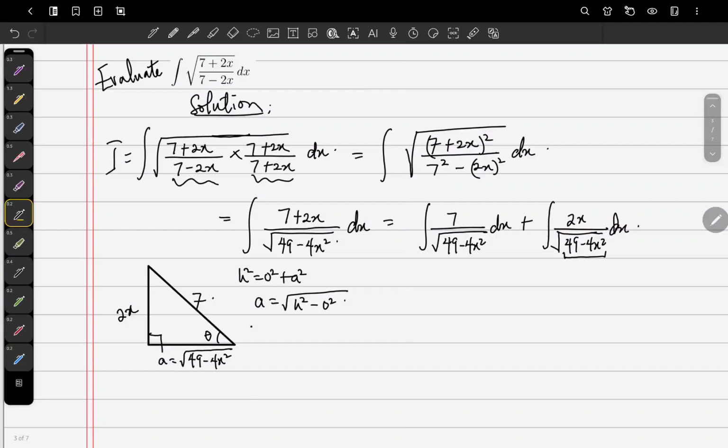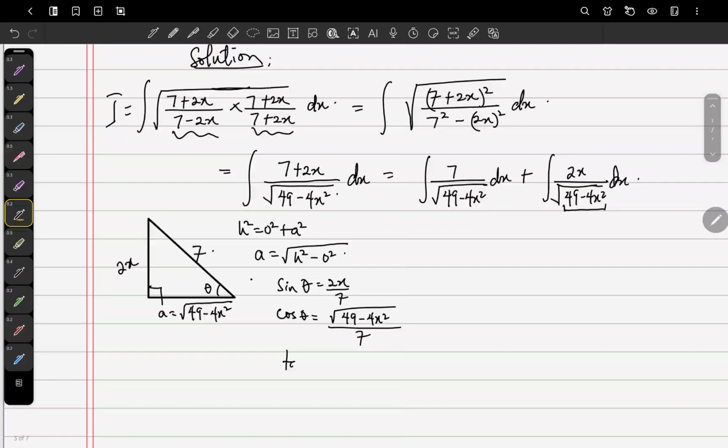And what is that substitution? Using this triangle, we can see that sine theta is equal to 2x over 7. We also see that cos theta is equal to the square root of 49 minus 4x squared over 7, and tan theta is equal to 2x over the square root of 49 minus 4x squared.